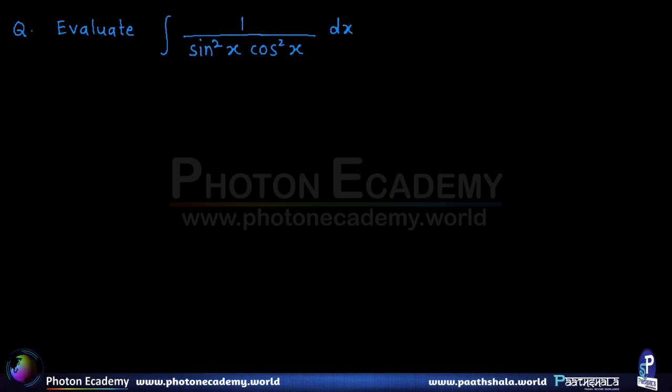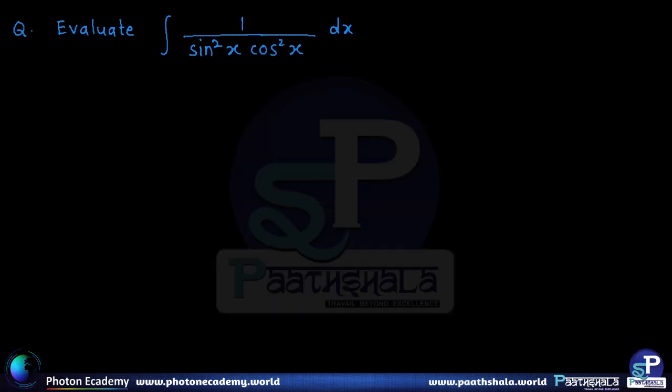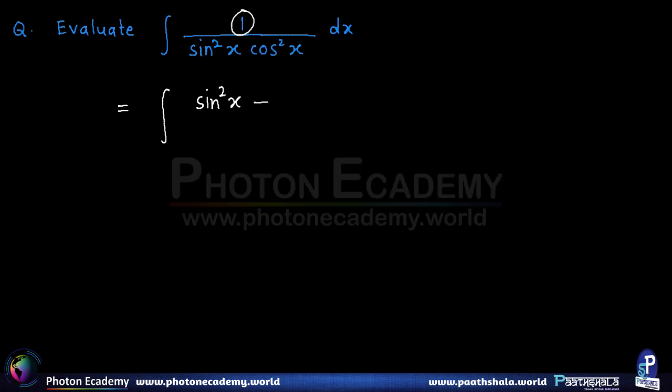Now on its face we don't recollect any function which is the integral of this given function, because it's not a simple standard function. So we apply one trick here: the 1 which is present in the numerator, we express using the already known identity as sine square x plus cos square x, divided by sine square x into cos square x.